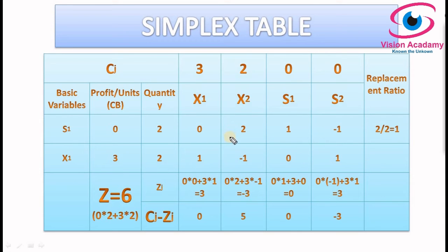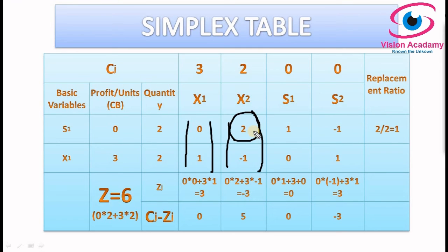X1 is already in the identity matrix, and for X2 it must become 0 1. But this value is not unity, because it must be a value of one. So to make unity, we will divide this row by the key element itself.